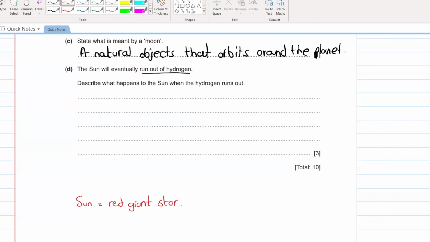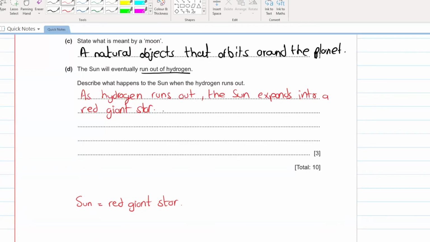Any ideas? You will state that as the hydrogen finishes, or you can say hydrogen runs out, the sun expands into a red giant star. Simple as that.